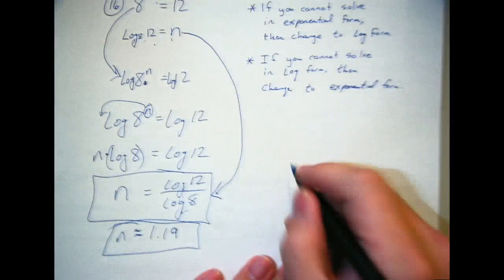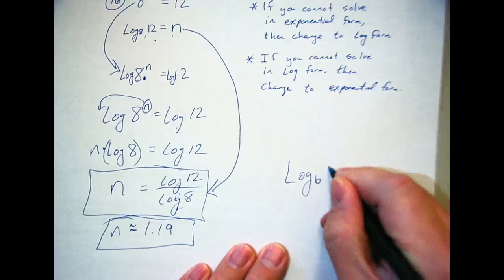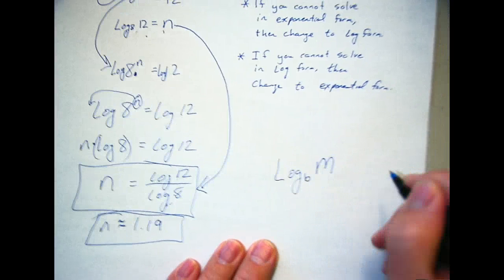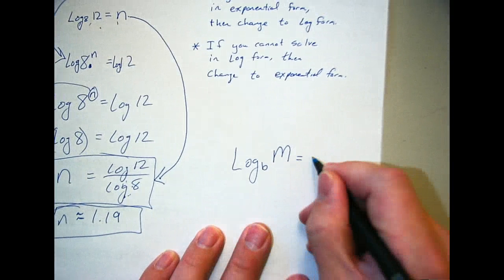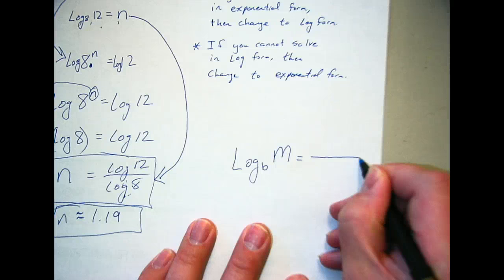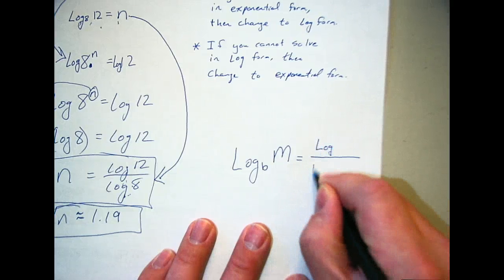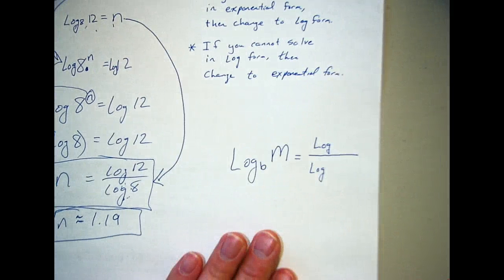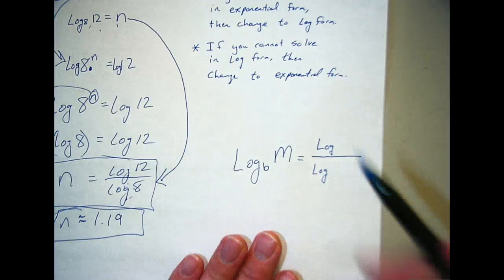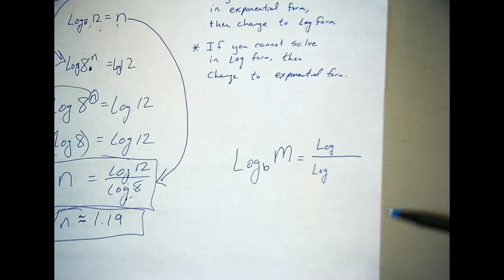Okay, let's generalize it. If I have log base b of m, in change of base, we always have a fraction on the other side. And always have log. And what are we changing to? Well, you can change it to whatever base you want. I can make it base 8, base 9, base 7, base 6. I'm going to choose base 10. Why am I choosing base 10?